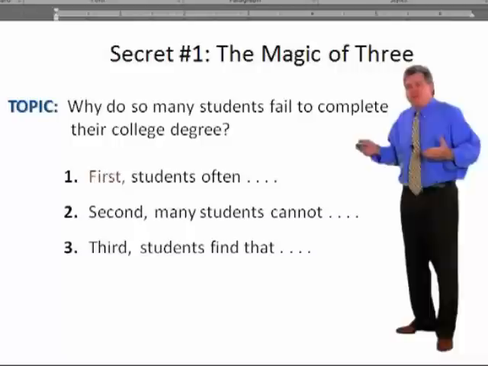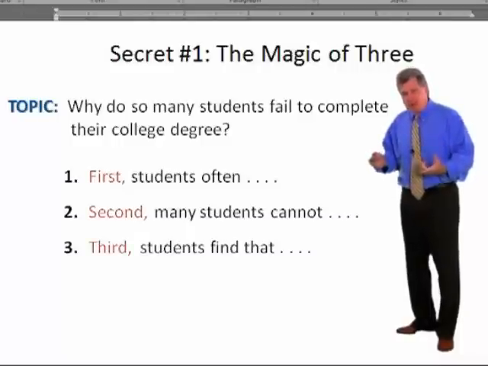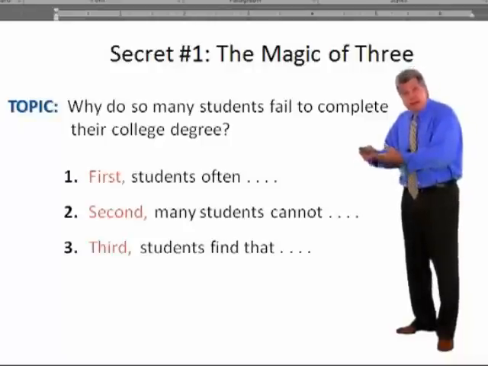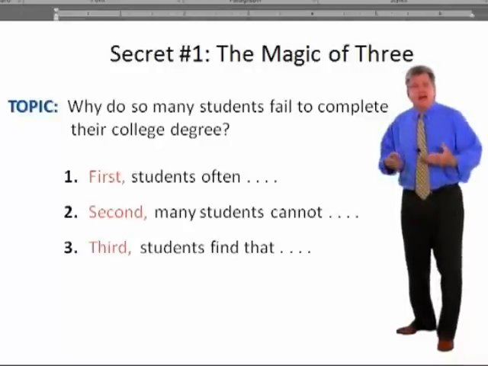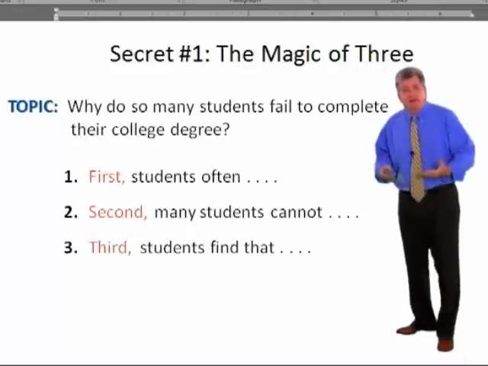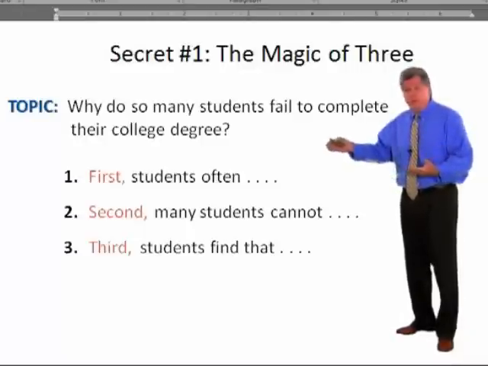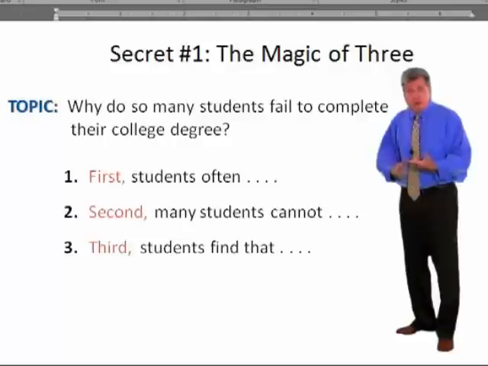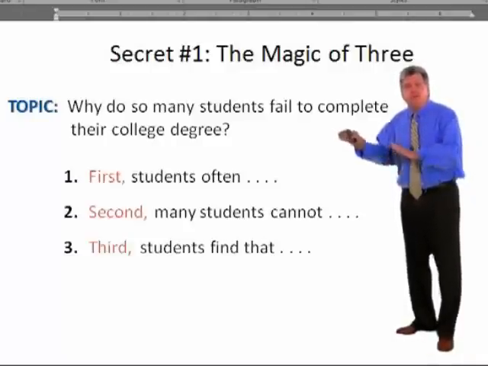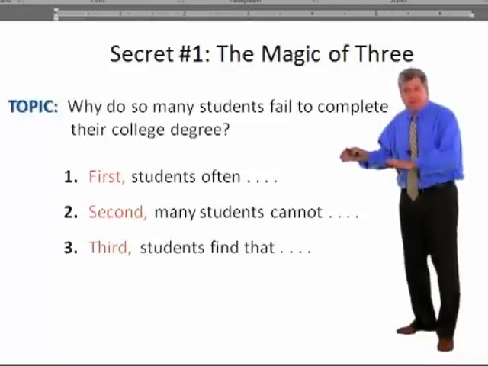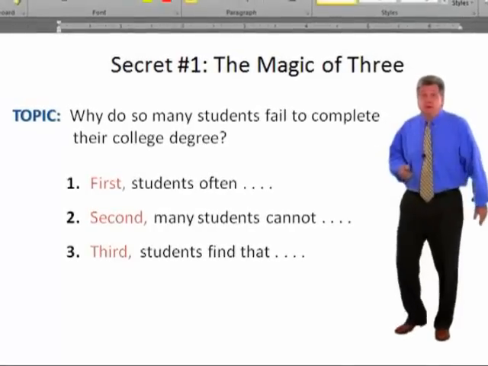No matter what the topic is, general, controversial, academic, you're going to apply 1, 2, 3, and you're going to apply the repetition of those words to signal your structure. And that's called the academic expository essay structure. Fill it in with whatever you came up with in your reading, in your thinking, in your discussion, and listening to your professor. Fill in with whatever you want to, but use the structure. Okay, that's secret number 1.